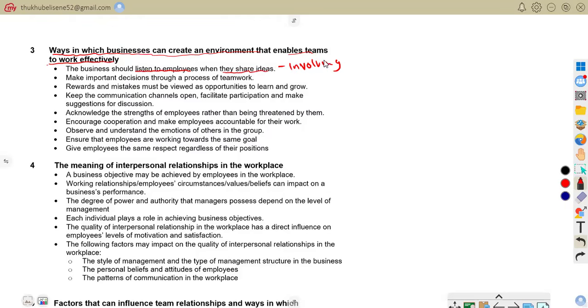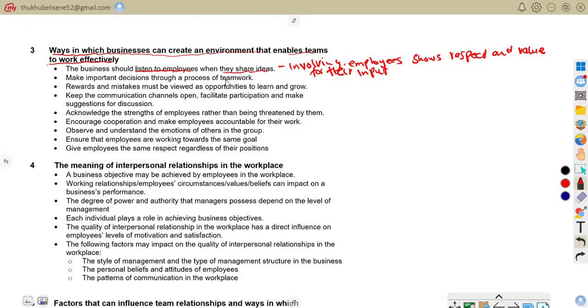Involving employees shows respect and value for their input.